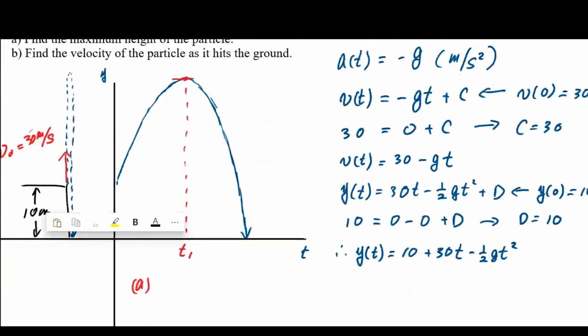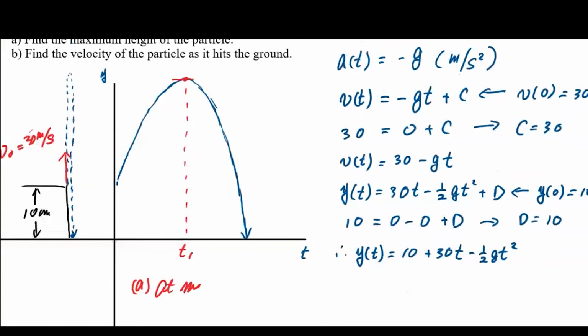See, at maximum, your slope, y prime of t, but what is y prime of t? That is v, isn't it? Okay, that thing is this one right here that we calculated earlier. Right?